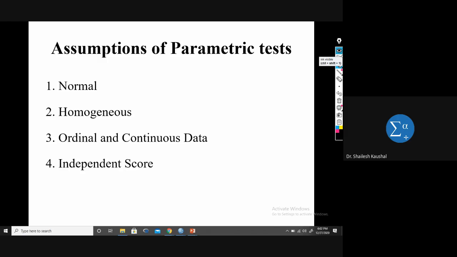One is the data should be normally distributed, another, the data should be homogeneous, third, data should be continuous, ordinal and continuous data, and fourth, it is independent score.